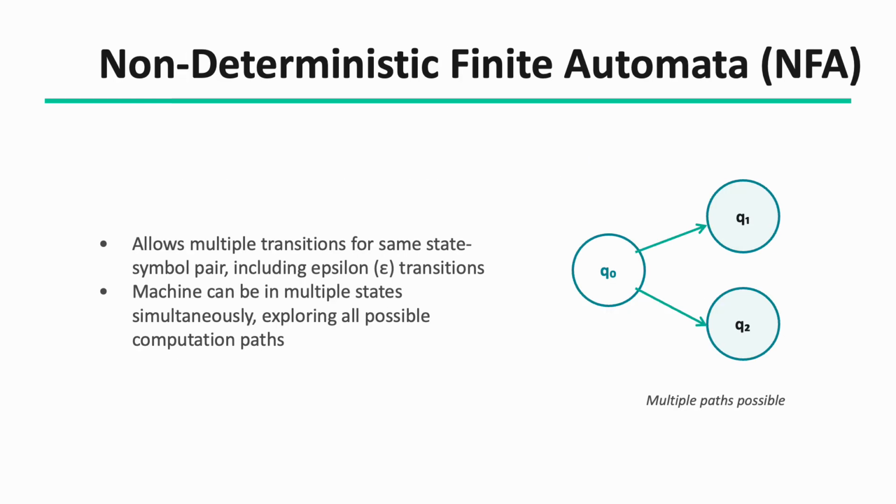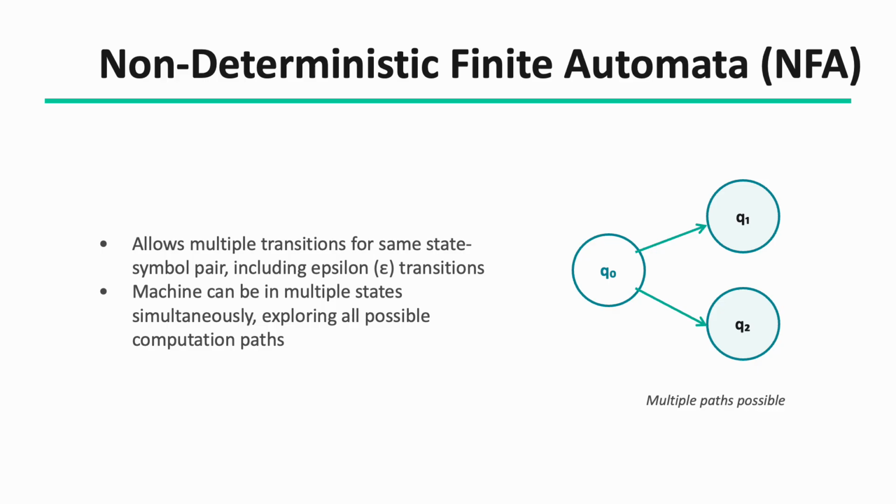Non-deterministic finite automaton. Now let's look into this with an example. The image given here is describing a non-deterministic finite automaton, or NFA, which is a more flexible version of a finite automaton. Unlike a regular finite automaton, an NFA allows for multiple transitions from the same state for the same input symbol.